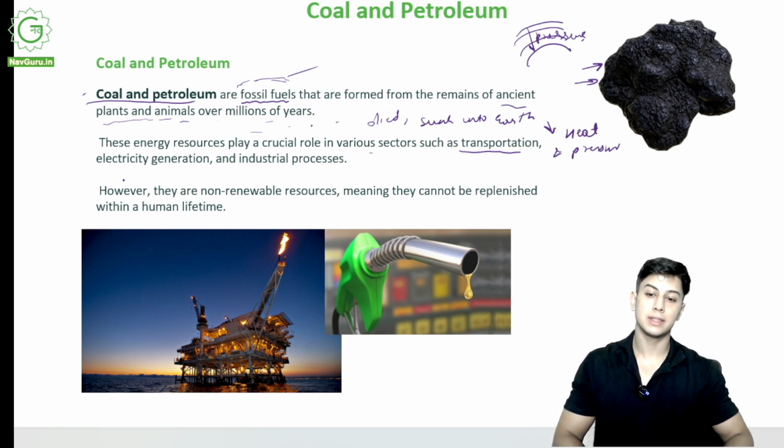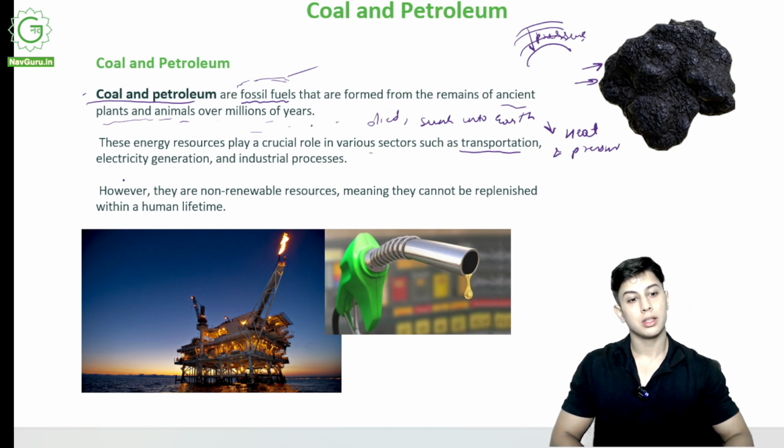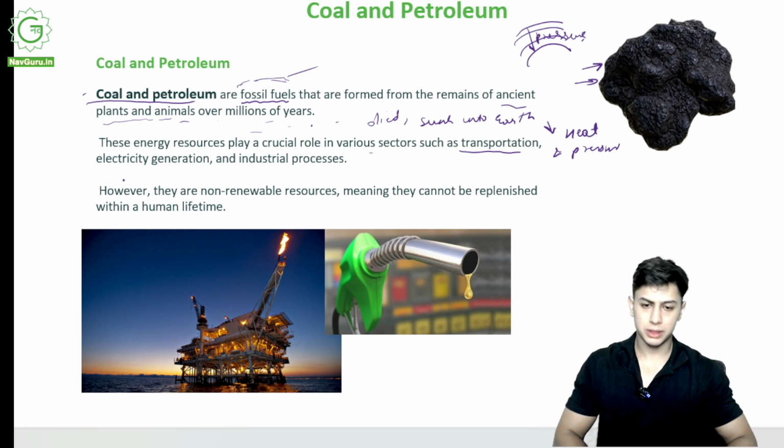We can see coal being transported a lot over there. Why is this coal used? Coal is used right now for electricity generation. In our cities, most of the electricity is generated by burning coal. Industrial processes, to drive many machines, need energy, and that energy comes from coal.